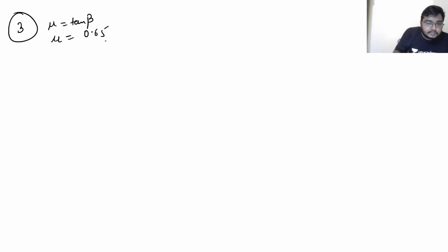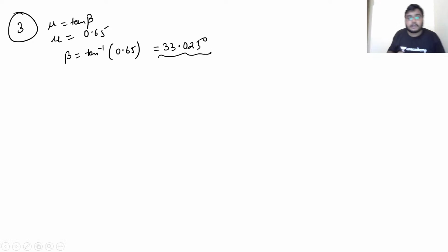So can I write that beta will be equal to tan inverse of 0.65, which is going to be equal to 33.023 degree. So this is the value of beta, right?